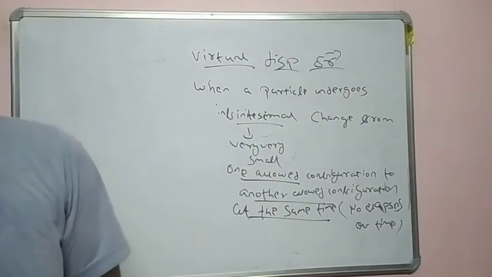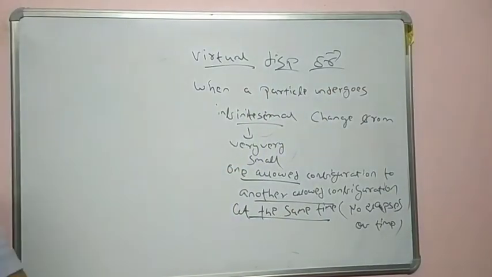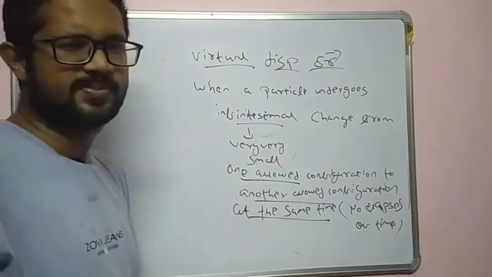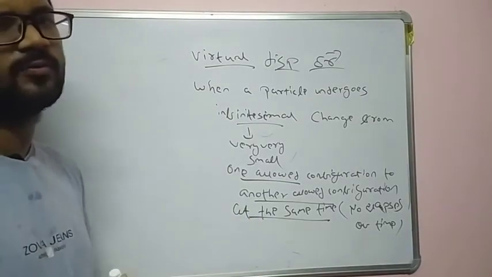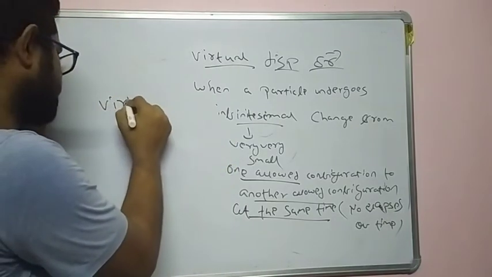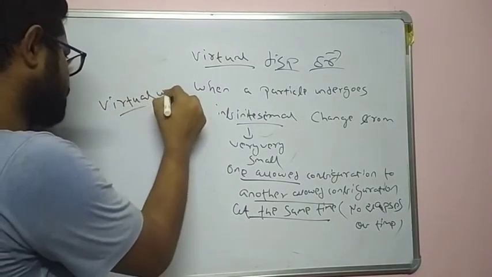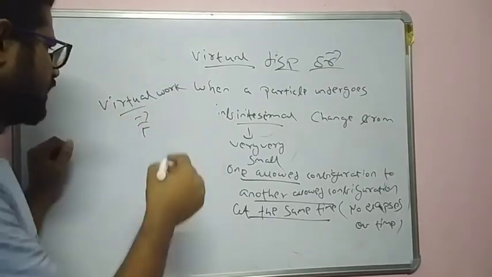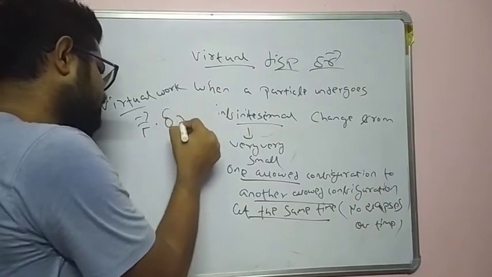If we talk about virtual work, what is virtual work? It is like your work, the dot product of force and displacement, and if you are taking a variable force, integration is involved. Virtual work is nothing but the real force dotted with the virtual displacement.